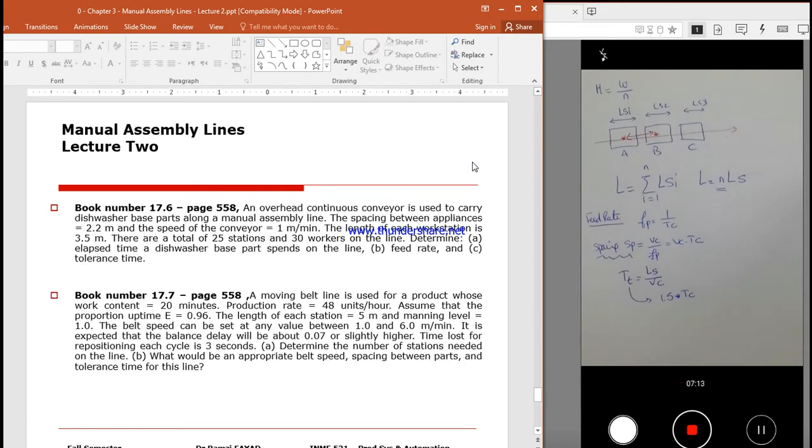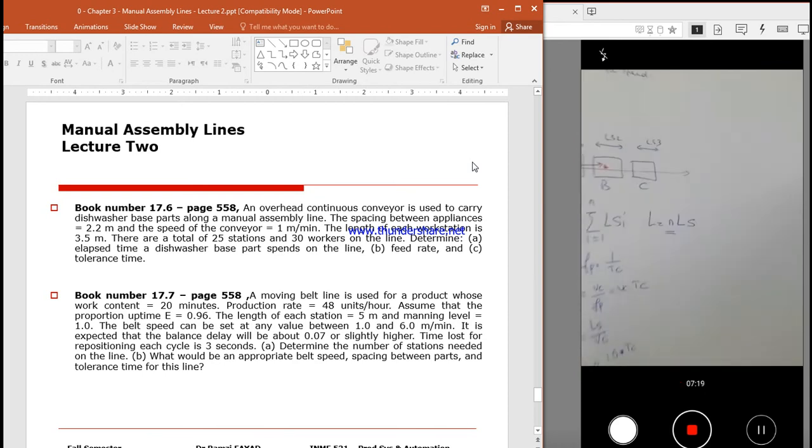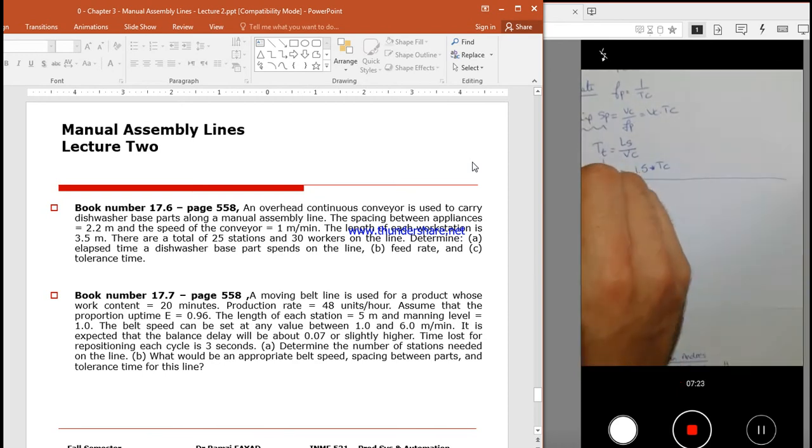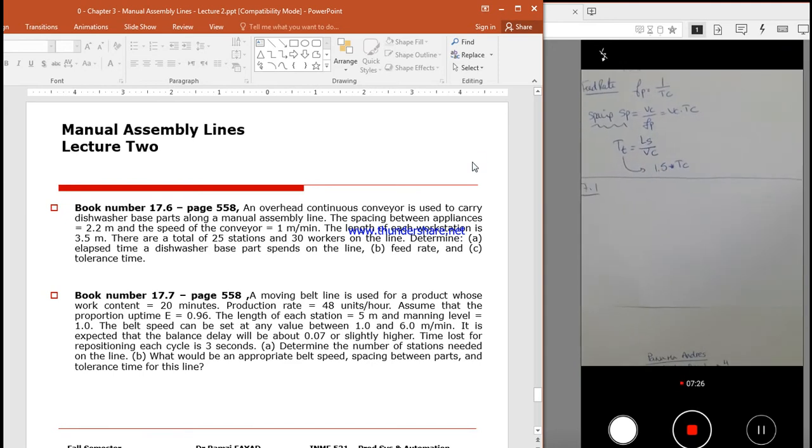So let's consider an example, and we have to go back to those equations. In this example, which is 17.1, we have an overhead continuous conveyor used to carry dishwasher base parts along a manual assembly line.